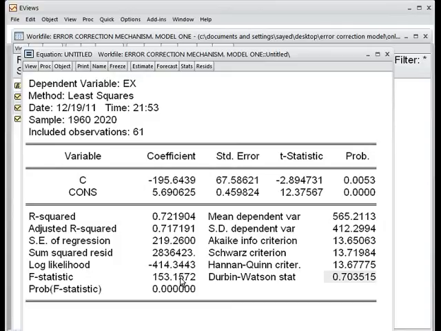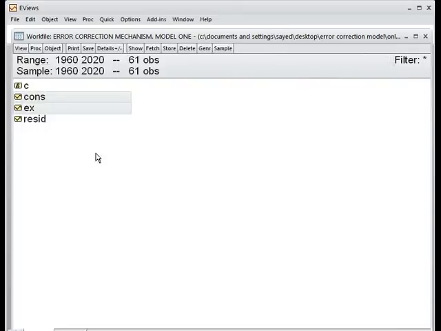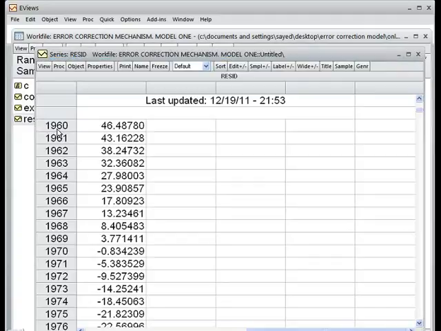And here, what is the residual of this model? You can see from here. Here it is, the residual of our regression model. It is the residual of the model, right?